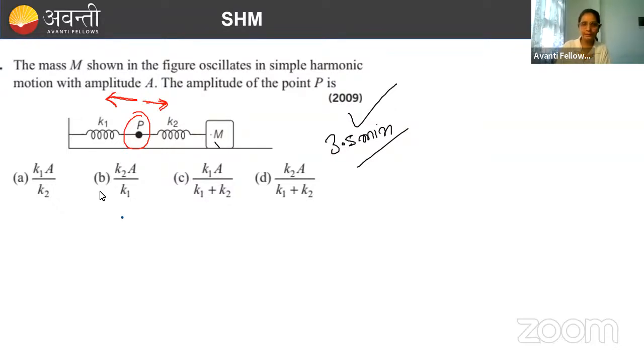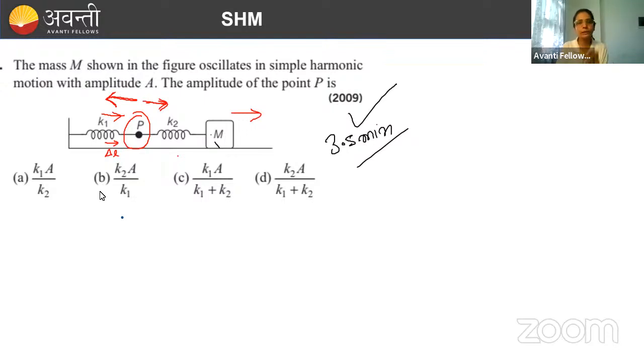Just imagine this is a spring now. So if mass M is moving in this direction, first K2 will move. There will be some extension in K2 first. At that point, P won't move, but P will definitely move if K1 has got extended by certain distance. So if K1 is getting extended by delta L, P will get extended by delta L, right? So the amplitude of P will get guided by the K1 spring.